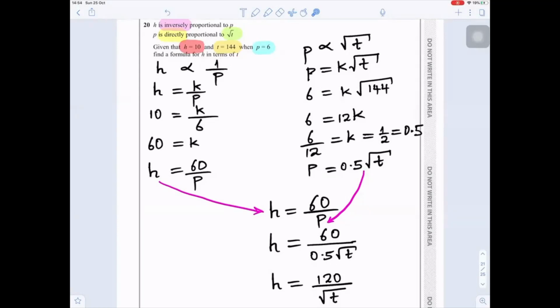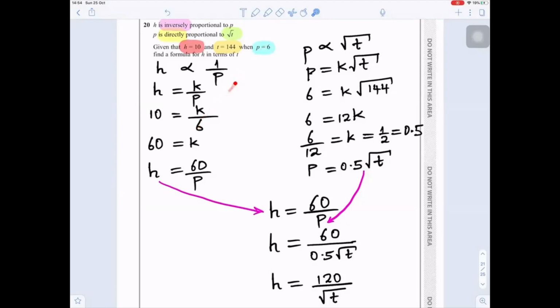So let's start with the first one at the top. H is inversely proportional to P. That's how you write it: H is inversely proportional to P, 1 over P. Replace the proportional sign with equals and K. So H is equal to K divided by P. Sub in the numbers. When H is 10, P is 6.